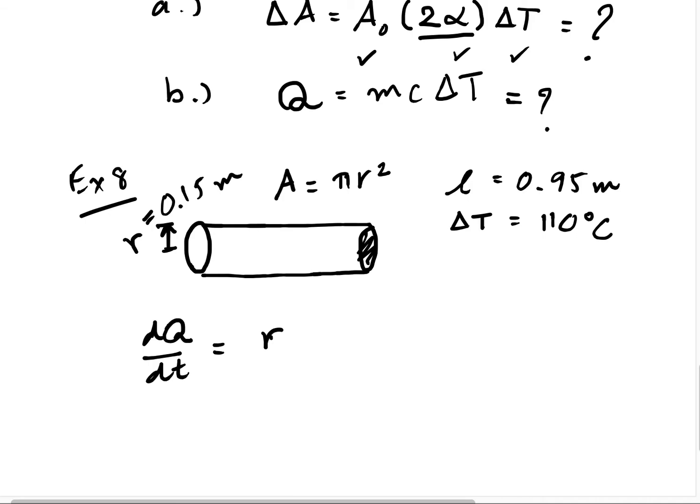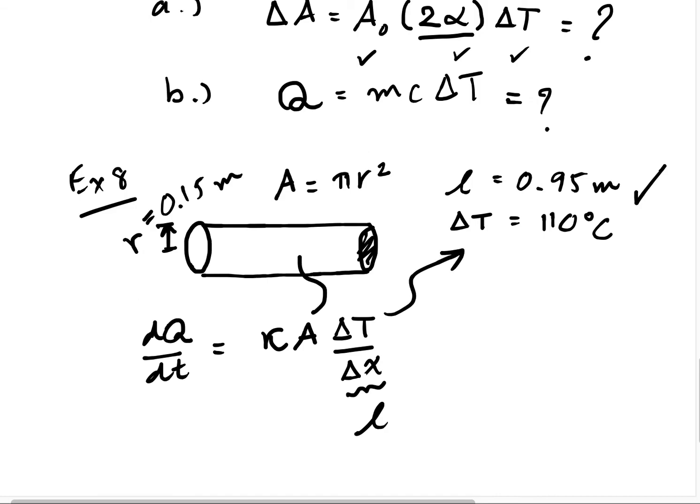Then this will equal K, kappa, A times delta T over delta X. Our delta X here, the distance, is L, just the length of your rod, and the delta T is given here.